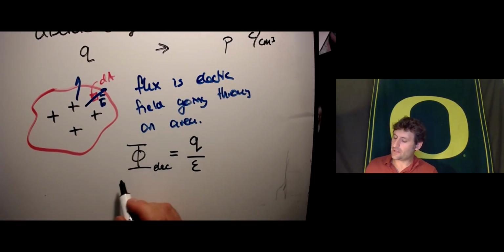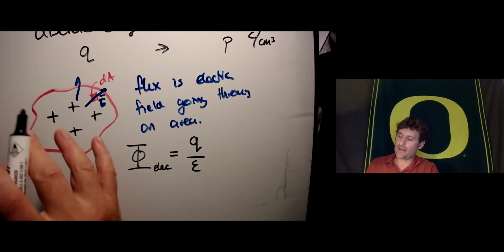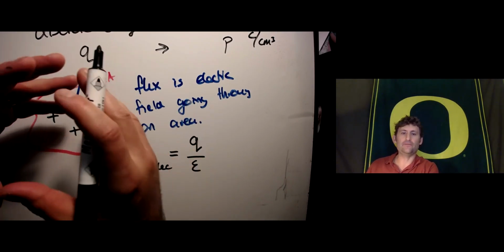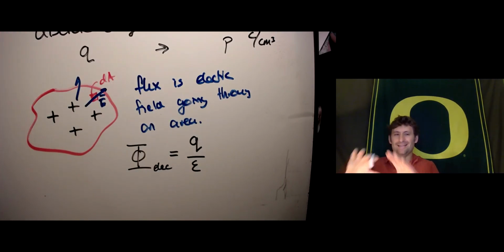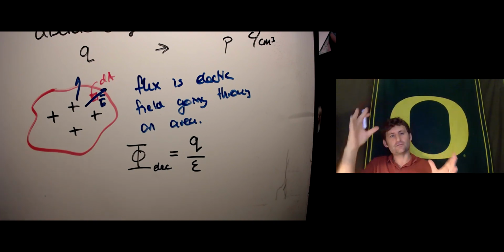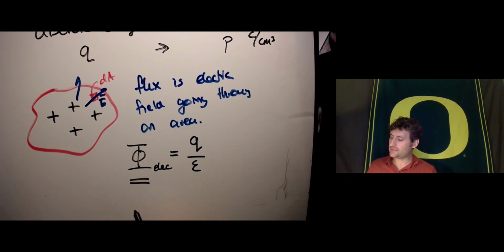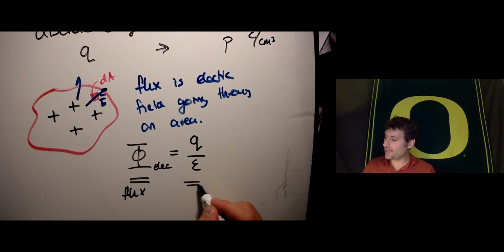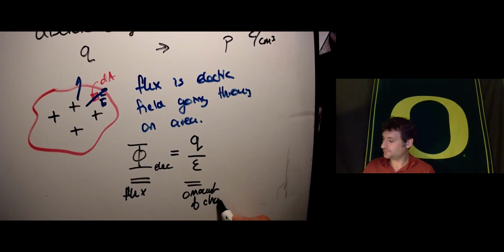And what's interesting about this is, if you think about the amount of field emanating from a given amount of charge, it doesn't matter whether I enclose it in a sphere or a cube or a random shape. As long as it's a completely enclosed three-dimensional volume, the amount of flux will always be related to the amount of charge.